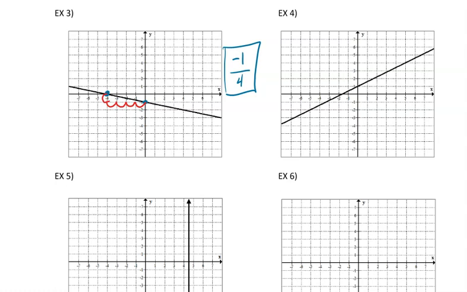All right, example 4. I'm going to pick this one and this one. So we have to go up 1, 2, 3. So that's rise 3. We have to go over 1, 2, 3, 4, 5. And so 3/5 is our slope.